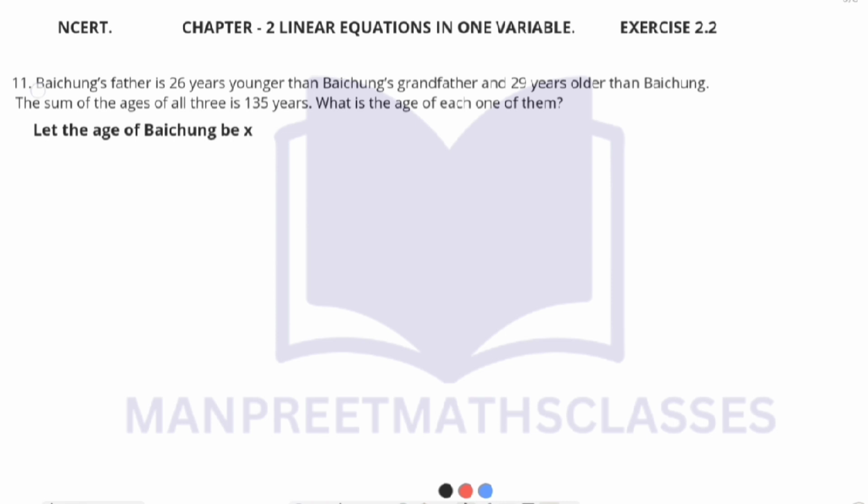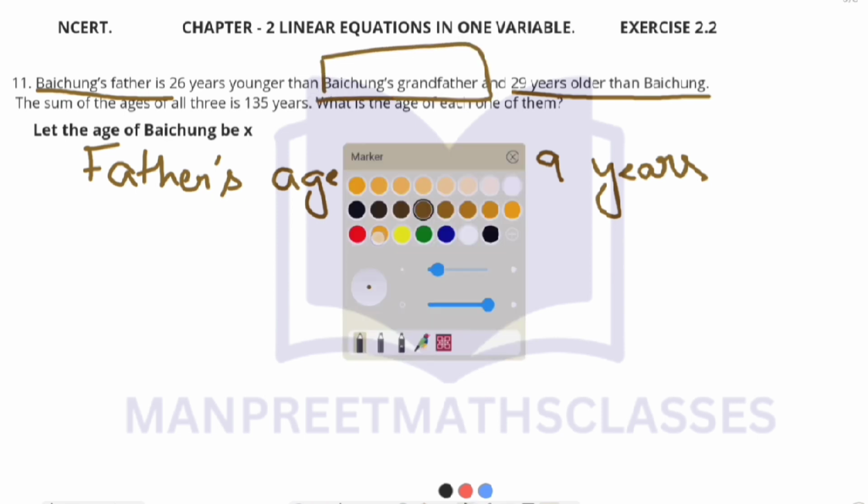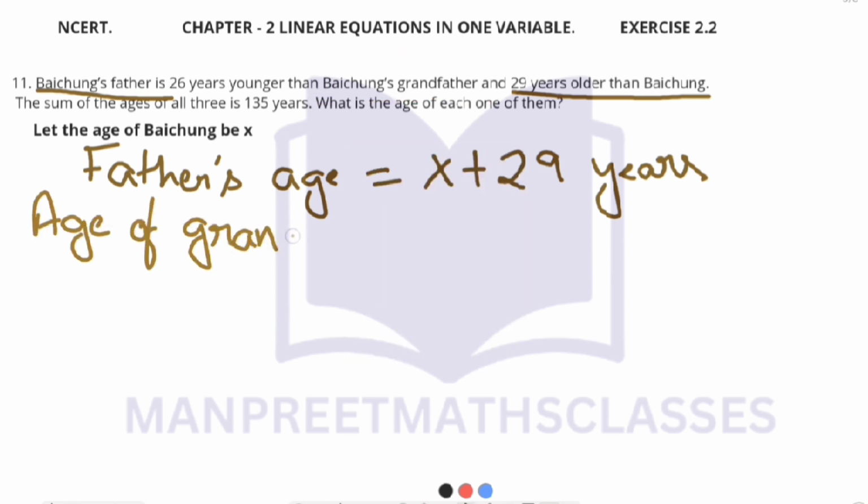Now what is given to us? Baichung's father is 29 years older than Baichung. So his father's age will be x plus 29. Now we write the age of Baichung's grandfather. Understand this carefully.